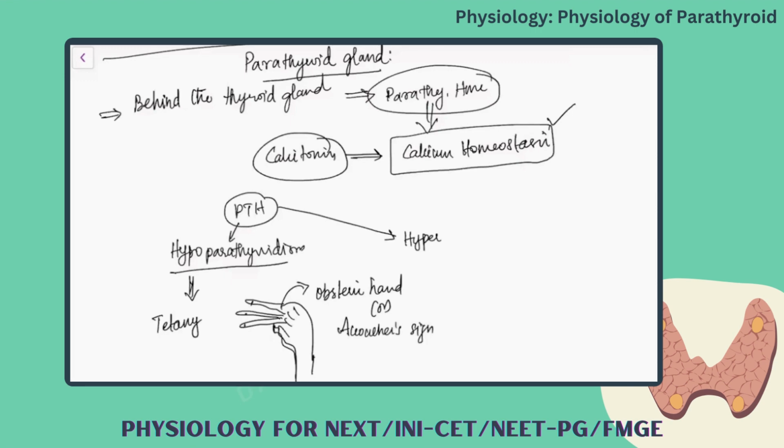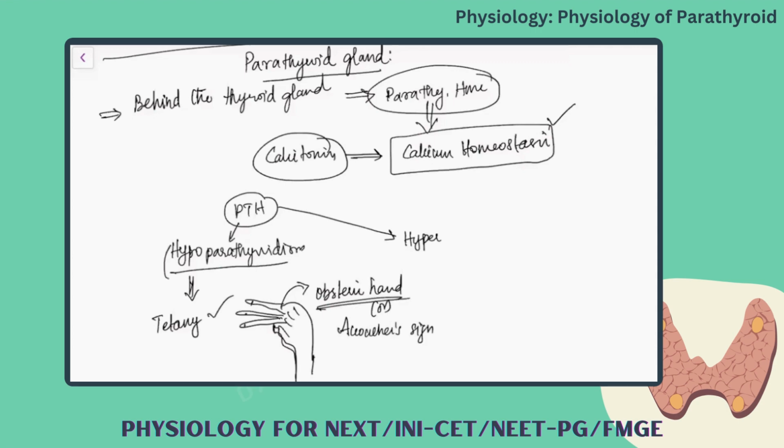So the person who is tetanic will have their hand always like this. If you see the gynecologist who keeps on delivering babies, her hand will be like this. That is why it is called obstetrician's hand. Okay, so this is the classic significant feature you will find in the person with tetany.